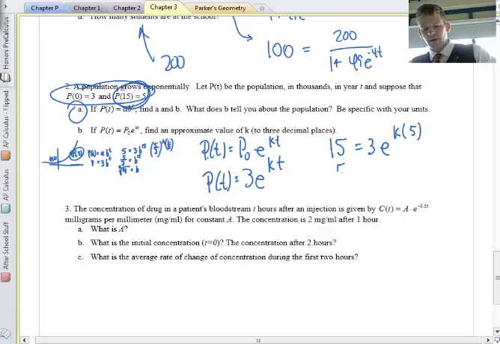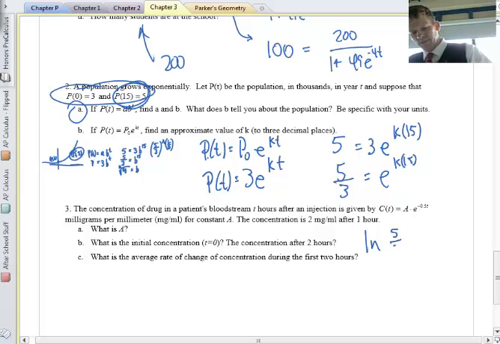Now this is where I think I did something wrong here. 15, it was 5, not 15. That's 5, that's 15. So 5/3 shows up again as being equal to e to the k times 15. We natural log both sides to get rid of the e function, and ln of 5/3 equals k times 15.